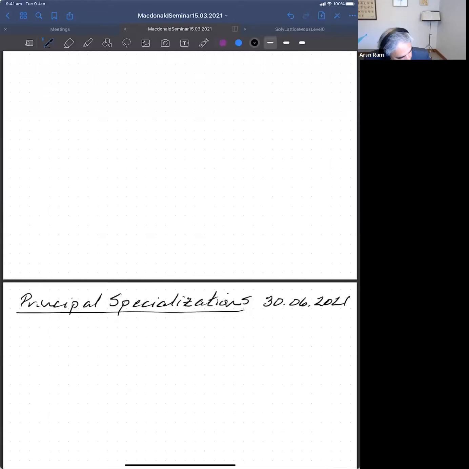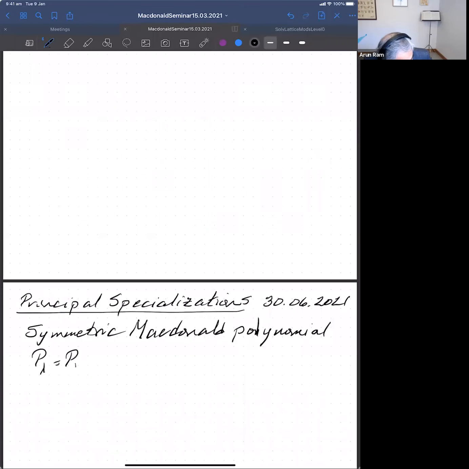Story of principal specializations. So of course, our basic object is the symmetric Macdonald polynomial, which we denote as P lambda, or P lambda of q,t if I want to stress the dependence on q and t, or even P lambda of x1 up to xn and q and t, because there are n variables.